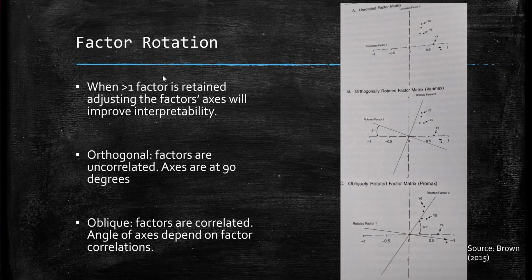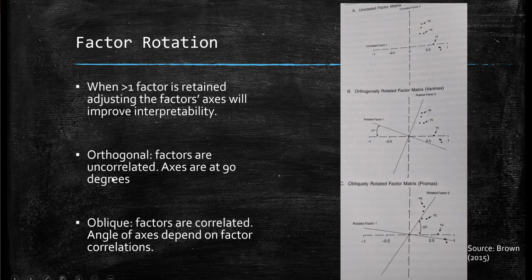But when there's more than one factor, the factor loadings will become more interpretable if rotation is used. Now there are various types of rotation which are typically grouped under orthogonal and oblique. Orthogonal is when the factors are not correlated, and oblique is when the factors are related to each other.